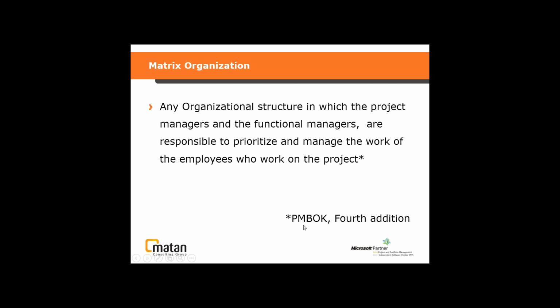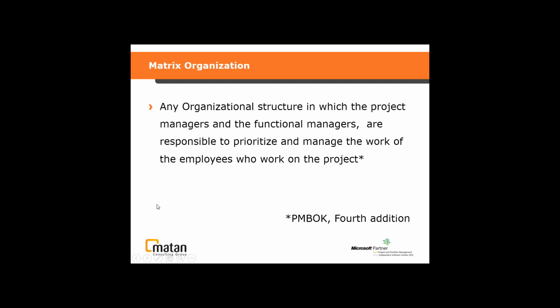In the PMBOK, they have this explanation of matrix organization that I thought I'd put in here, which basically says that any organization that has both a functional structure and project managers has a shared responsibility to prioritize the tasks that people are working on.